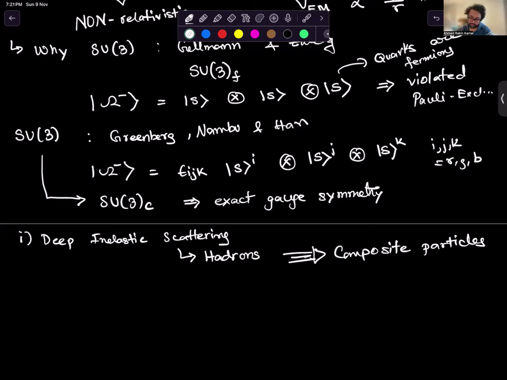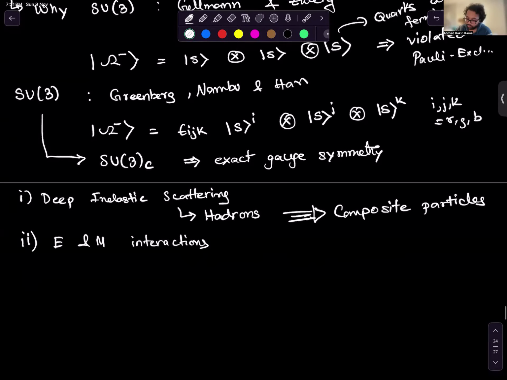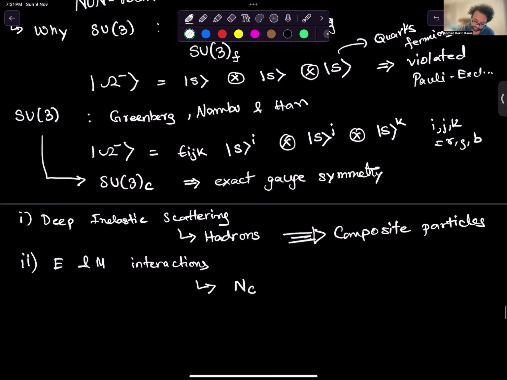And also some QED experiments, involving electromagnetic interactions of electron and positron, gave support that NC, as we could call it, is actually 3, or that the gauge group was an SU3 gauge group.